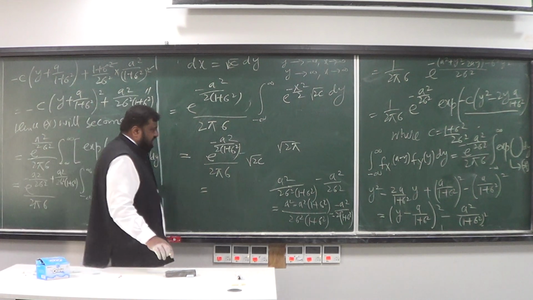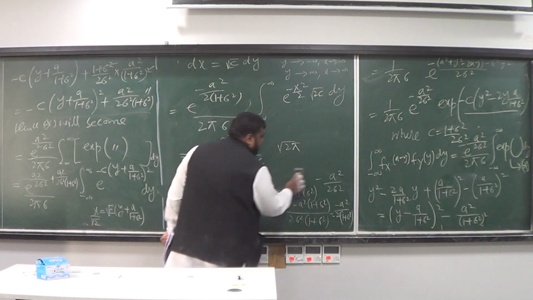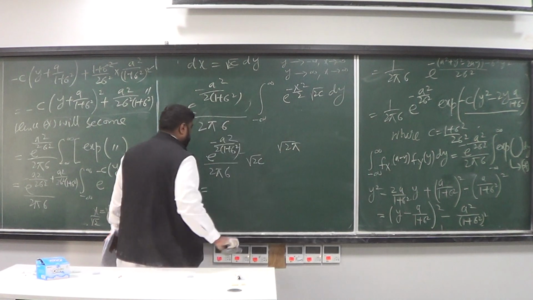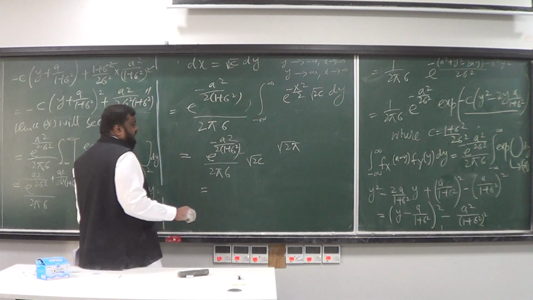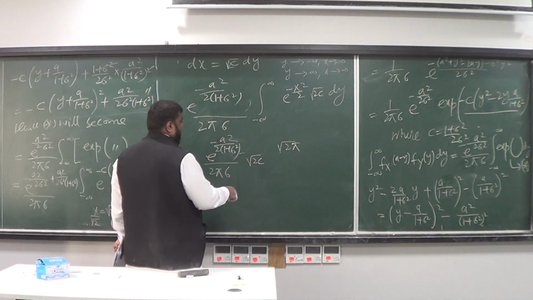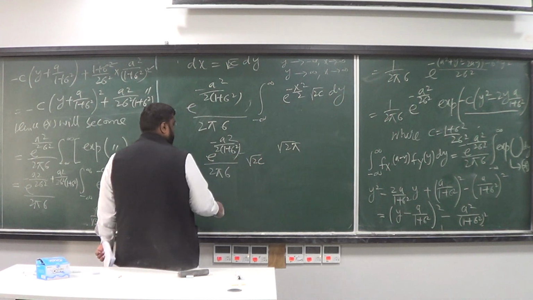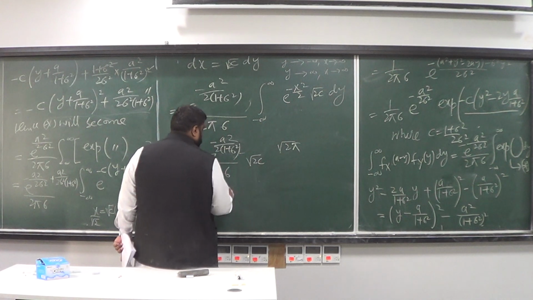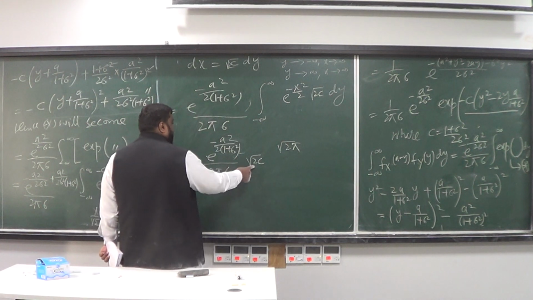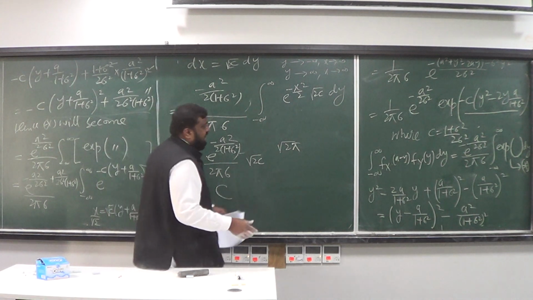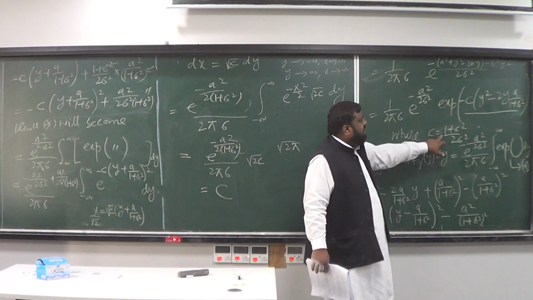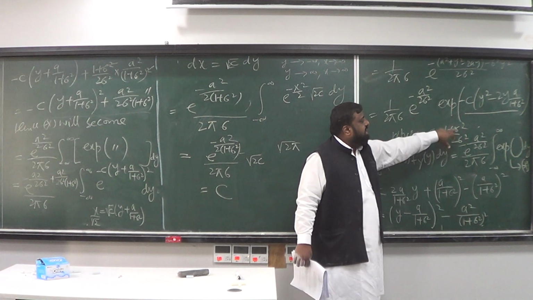And what will happen now? If I get rid of this, what did you get finally? You're going to get rid of the square root of 2 pi. So if you keep this as some constant that does not depend on a, it only depends on sigma.